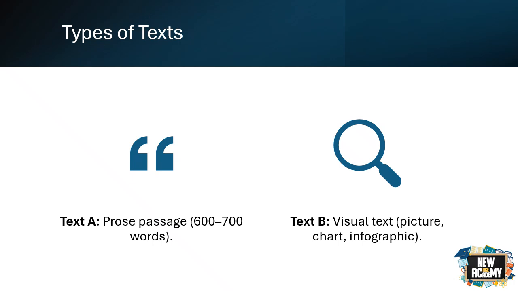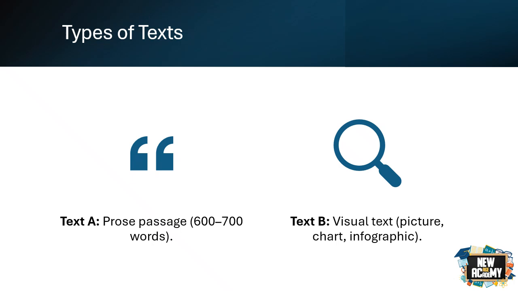You see, these are the types of text that you will meet while writing comprehension. Text A is a passage consisting of paragraphs. Then text B is a visual text, which can be a picture, a chart, or an infographic, etc.